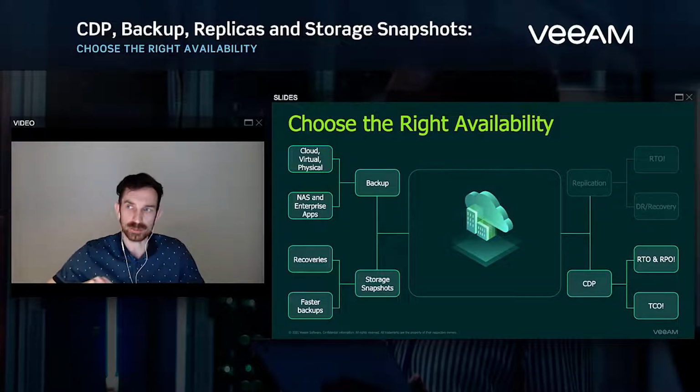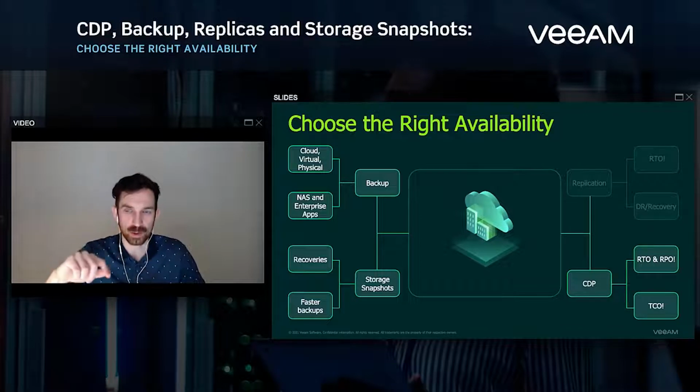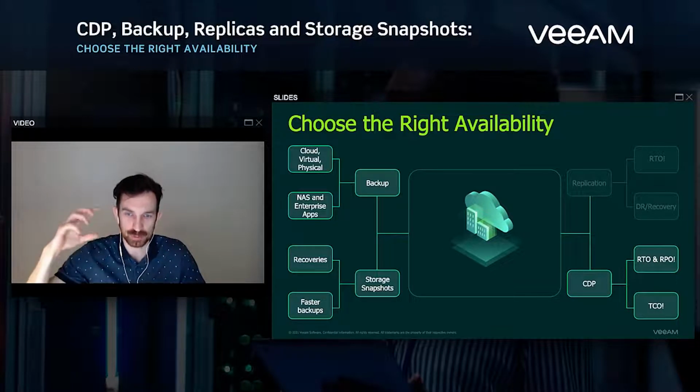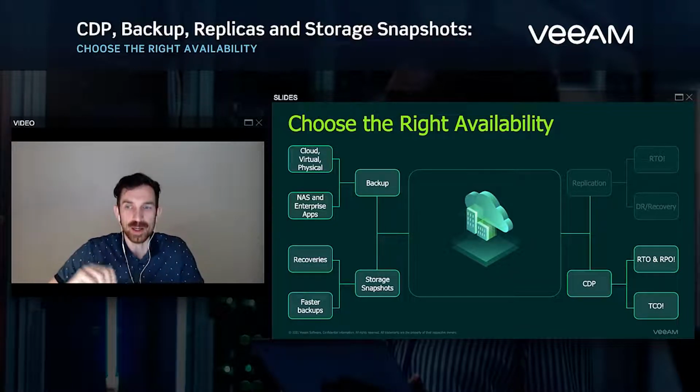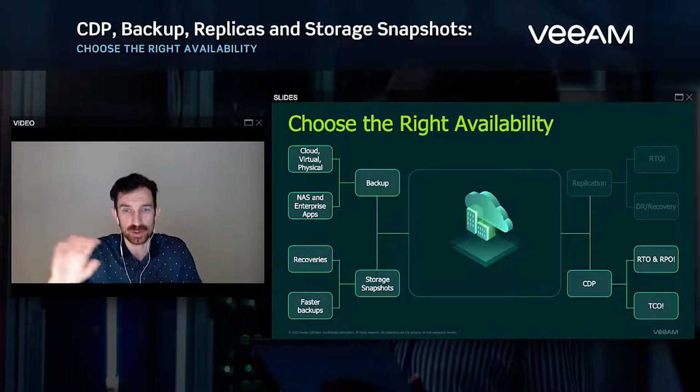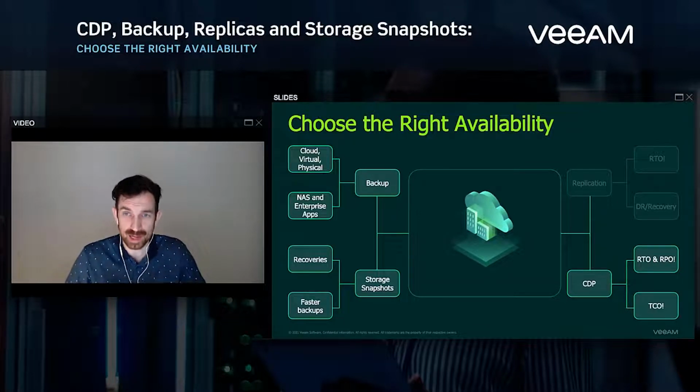So we are not going to reinvent the cycle of preparing the original machine for the snapshot to be taken, then taking the snapshot itself, then processing the data to the target site, and then removing the snapshot. It's snapshot-less technology.